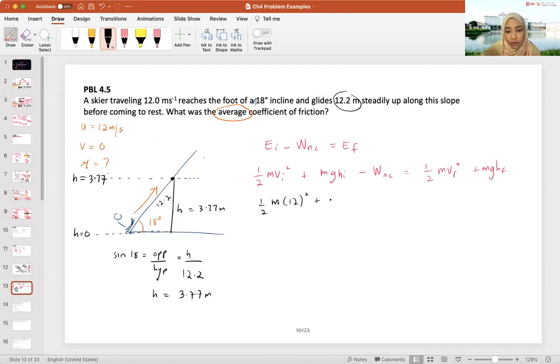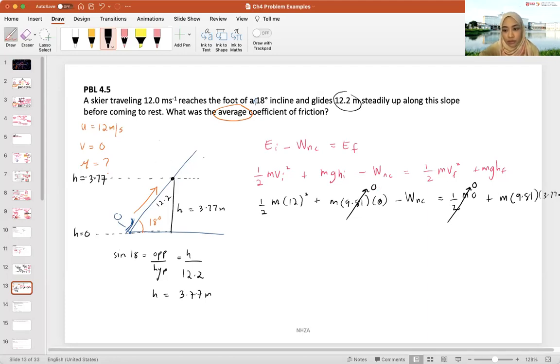Okay, continuing. So M 9.81 and H is 0 for our initial condition because this is our reference point. Okay, and then minus with WNC, which I don't know yet. And then this is equal to 1 over 2 M. V final is 0. So that is a 0. Saya suka bila benda jadi kosong. And then M 9.81 and then we have our final height as 3.77.